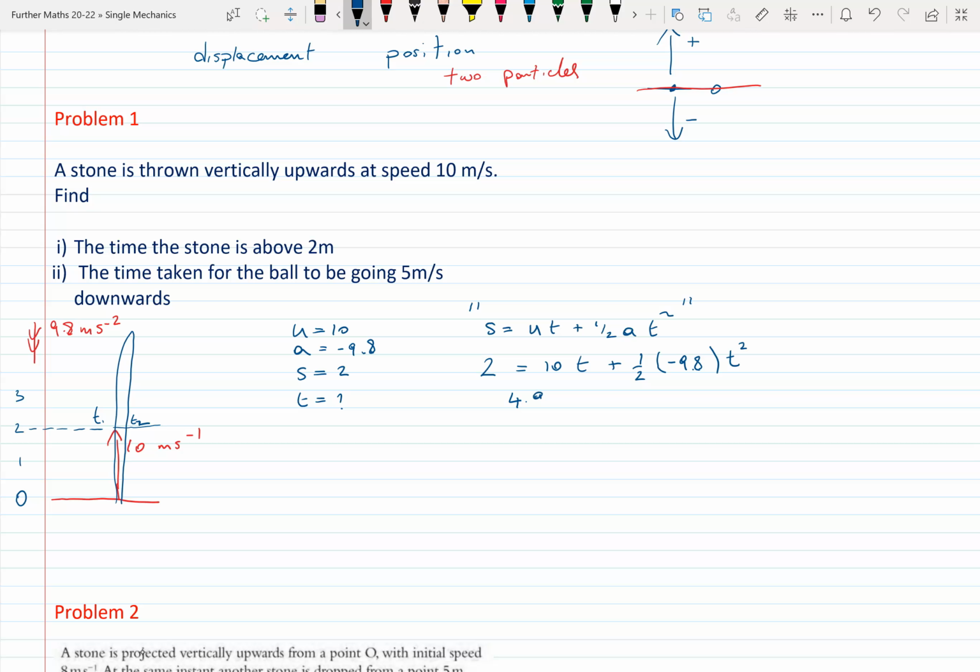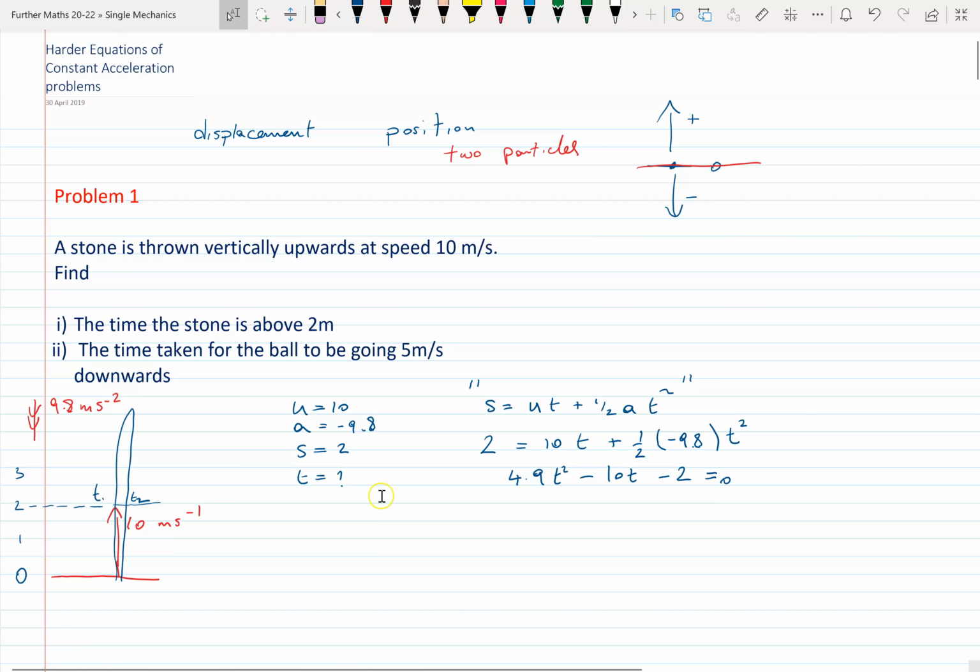Rearranging that, we get 4.9 t squared minus 10t plus 2 equals 0. We don't have to worry too much about solving that; we can use our calculator.